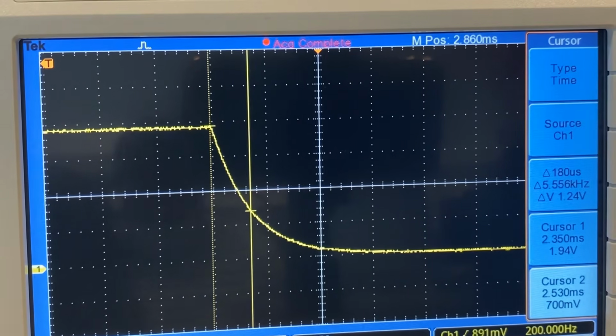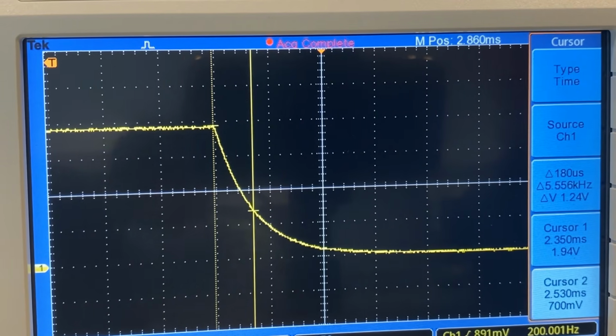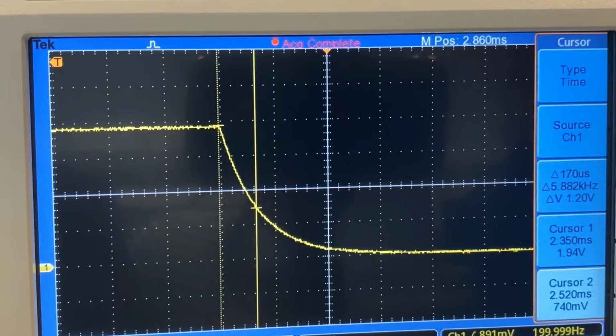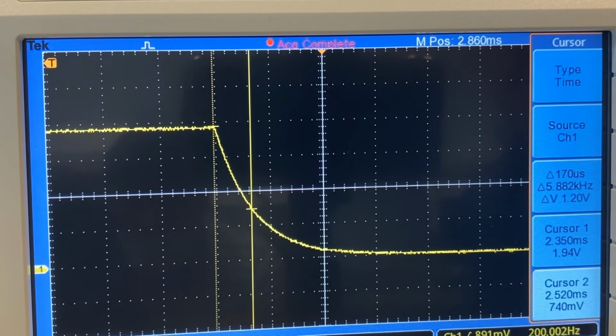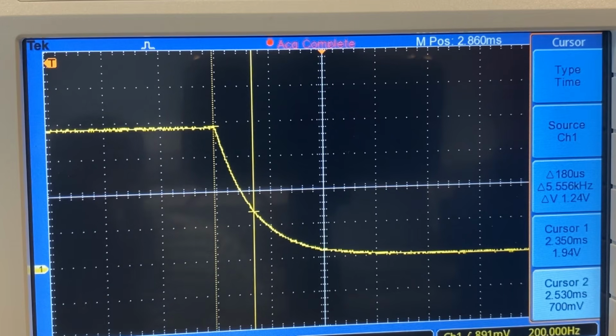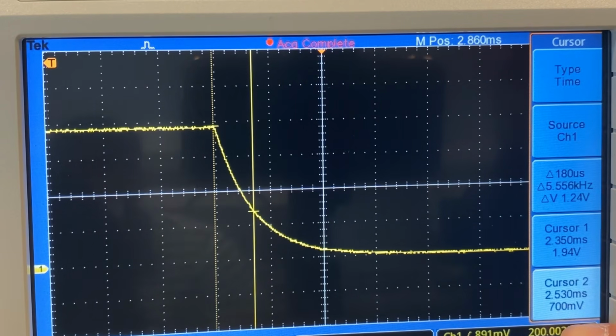So I'm going to place cursor number 2 at 0.72 volts, which is 720 millivolts, because notice how it is displaying everything in millivolts. And the closest I'm getting is, I believe, 700 millivolts, okay? So this is the closest to 0.72 volts, right? So we're going to leave it here.